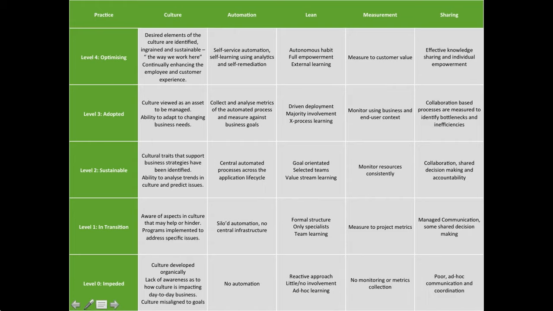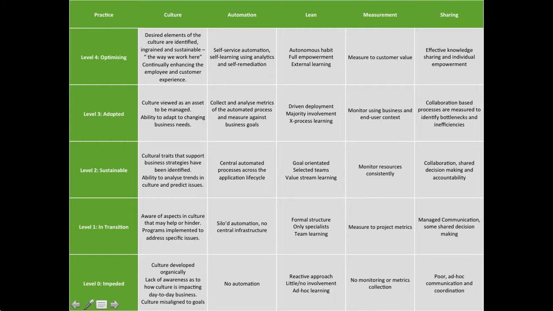So where we're really ending up with requirements maturity is actually fully integrating it to test. I mentioned this link between requirements and defects earlier. We should be able to track requirements through into our testing scripts. The other important note to make here, I'm just going to flip back for a second to the previous slide. If we look at level 4, optimizing and measurement, it says measure to customer value here.